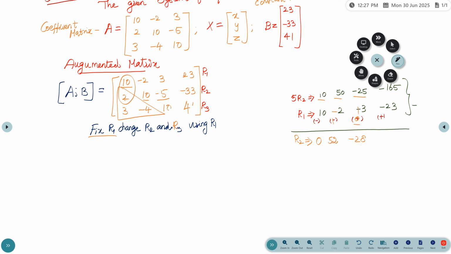In the same way, the last answer is minus 188. So now we get the answer for R2.